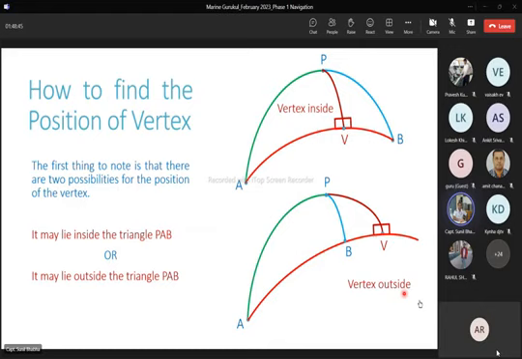This is the first thing which we need to know. Now let us see how we find out whether the vertex lies inside or outside. Before I move ahead, beta, these are the two possibilities for the vertex. Any doubt coming to your mind?